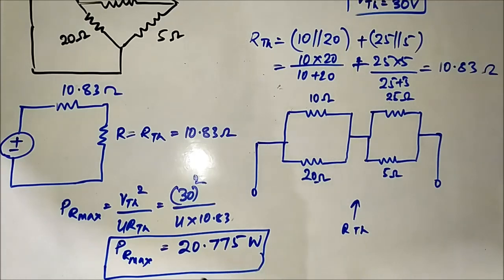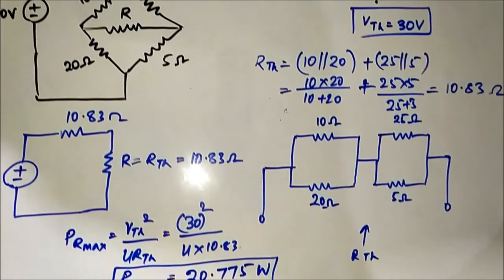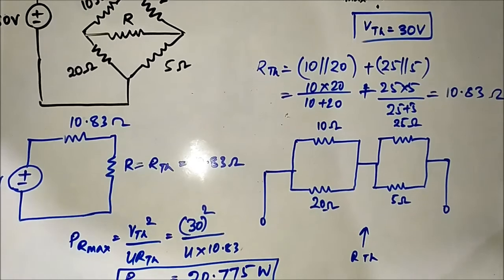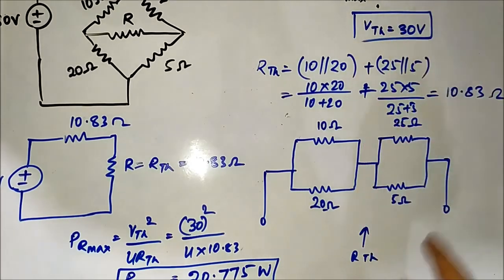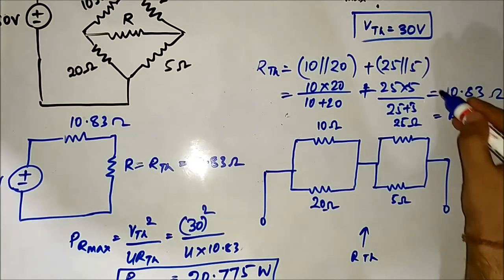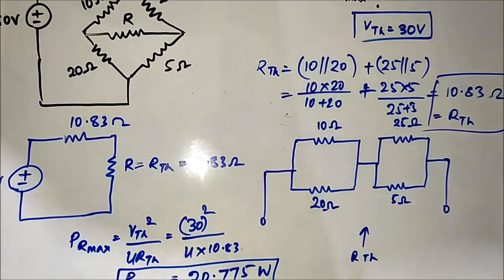So here is the 9th question related to maximum power transfer theorem. We have calculated VTH, we calculated RTH is equal to 10.83 ohm, and then PR max is equal to VTH square by 4 RTH, which is equal to 20.775 watts.